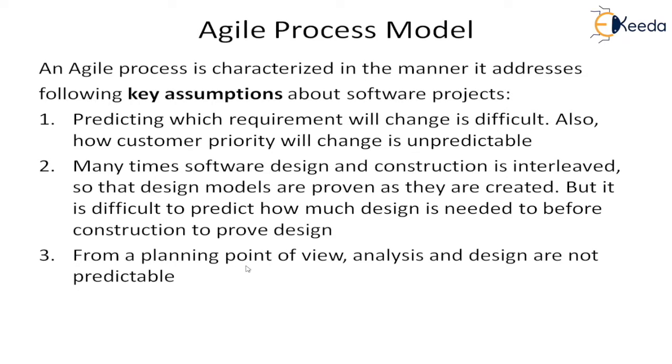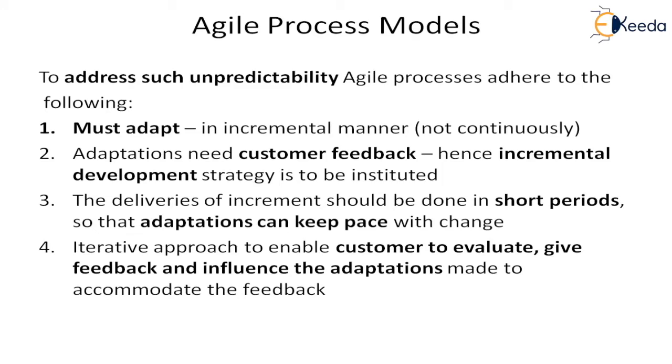And to handle this kind of unpredictability in the planning of analysis and design, the agile process models may be different. So the agile process models have to address such unpredictability, and therefore they normally adhere to certain characteristics.